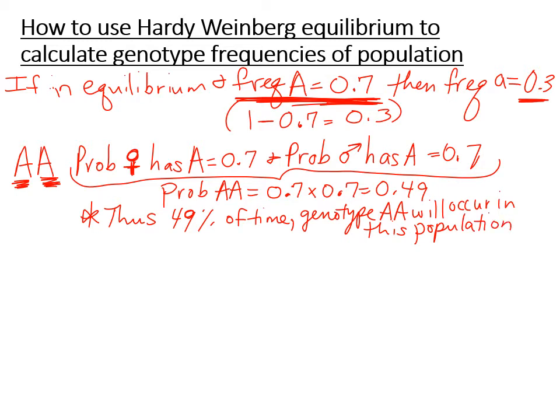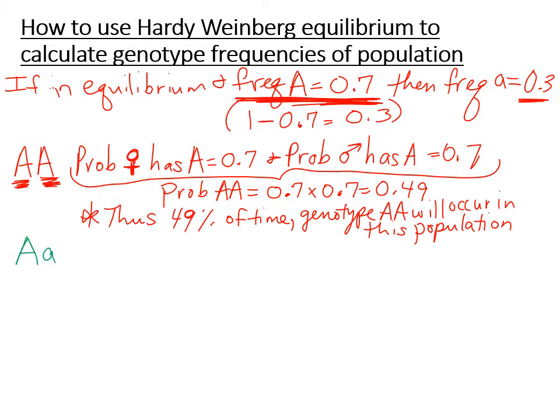Okay? Now we could have done that simply using the p squared plus 2pq plus q squared equals 1. Okay, so you know AA is the same as saying p squared, so 0.7 squared is equal to 0.49. Okay, so you didn't have to write all of this out that I just did, but I wanted you to know the background behind this.